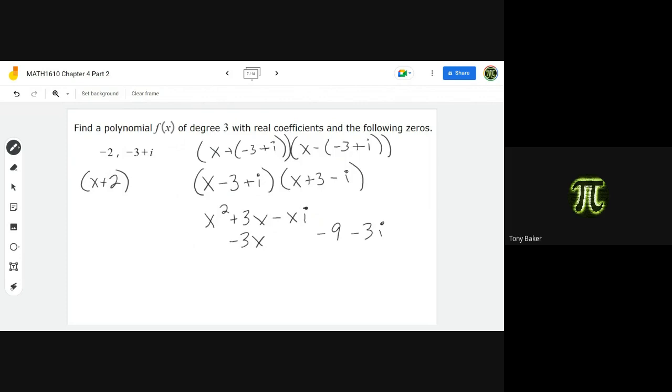Oh, is it positive? Wait. Oh, you're right. Sorry, good catch on signs. I'd have caught it in the next one when I said it couldn't cancel out. I times x, positive xi, I times 3. Wait.